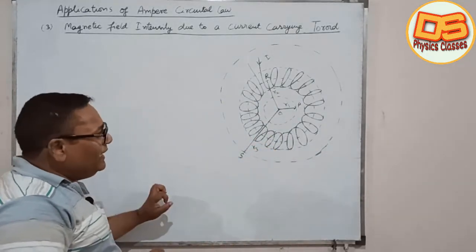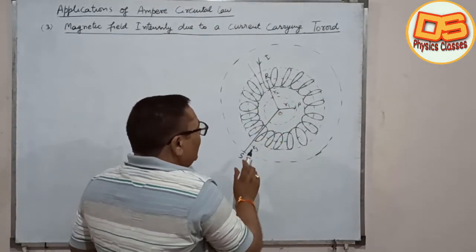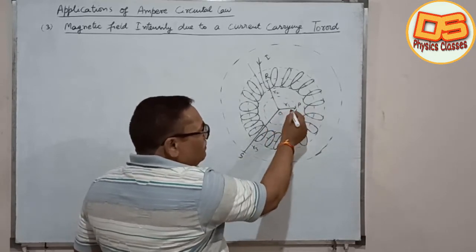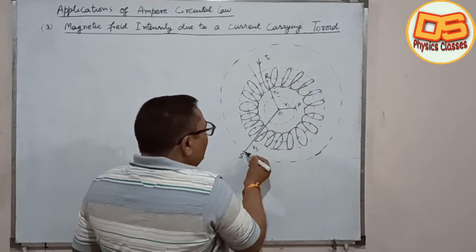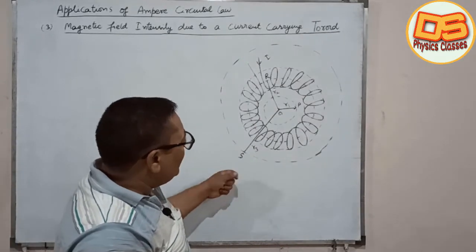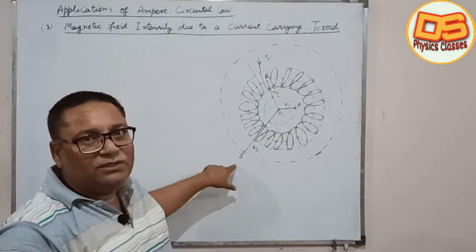Means we take 3 points P, R, and S. P is the point in the empty gap of the toroid, R is the point inside the toroid, and S is the point outside the toroid. And we calculate the magnetic field intensity at these points. Clear?